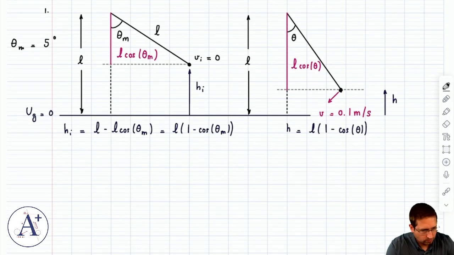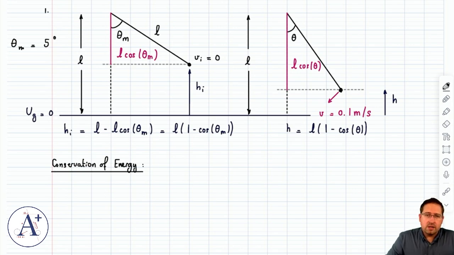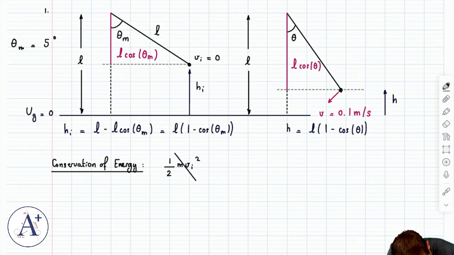Okay, well, let's write conservation of energy. Conservation of energy is going to look like what? Well, kinetic energy at the beginning is 1/2 m v initial squared. That's going to be 0 because we start at rest up here, plus gravitational potential energy. That's easy.